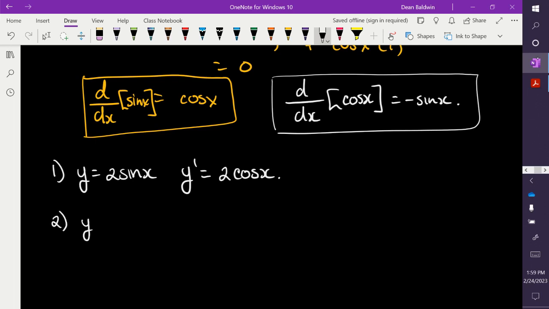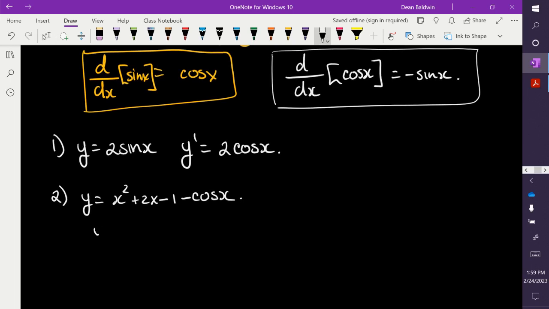We can also do things like this. We'll come back to that. What's the derivative of that function?